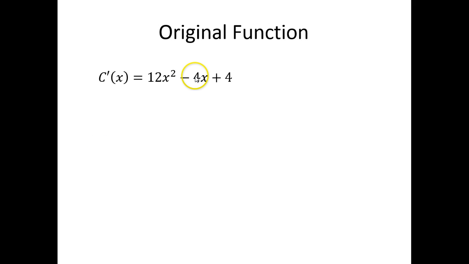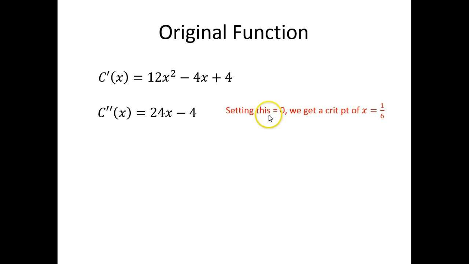Here's our marginal cost function. Its first derivative is the second derivative of the original function. So c double prime of x is 24x minus 4. This means that setting this equal to 0, we get a critical point at x is 1/6. Now, again, typically you're like, well, wait a second, this is our second derivative test.